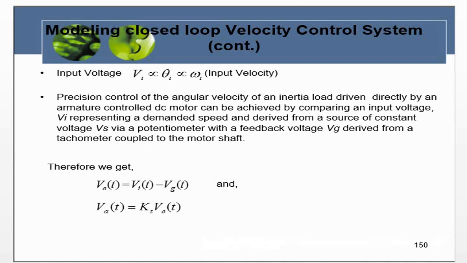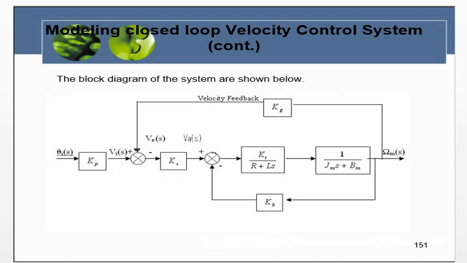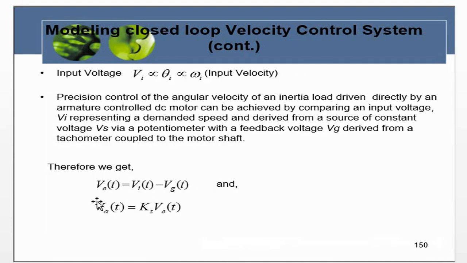Therefore, we get that Va(t) is equal to Vi(t) minus Vg(t), where Va(t) is equal to Ks Pe(t).